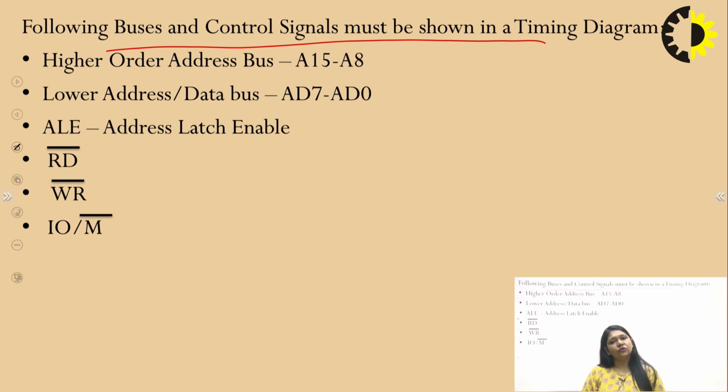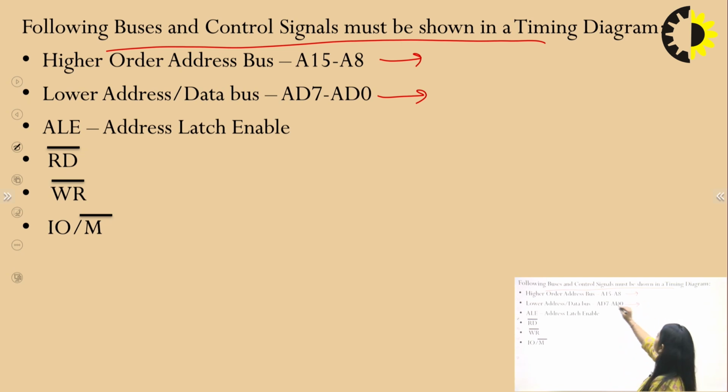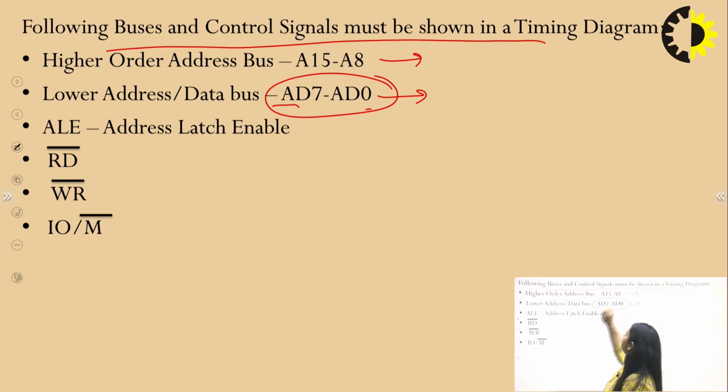The address bus is of 2 types, as we all know: the higher order address bus, A15 to A8, and the lower address bus, A7 to A0. Here AD7 to AD0 is written as it is multiplexed or time shared. It is shared by data and address both. That is why ALE is there.